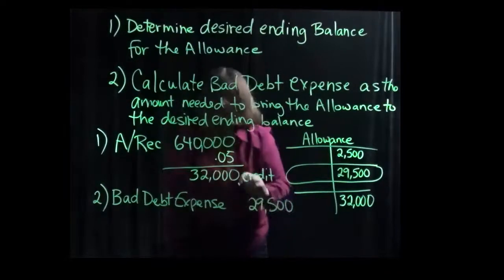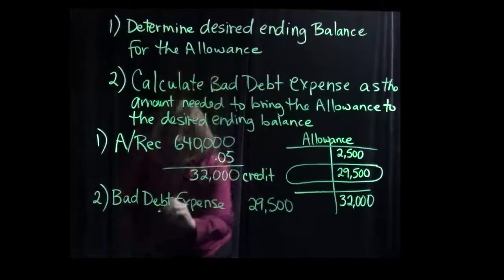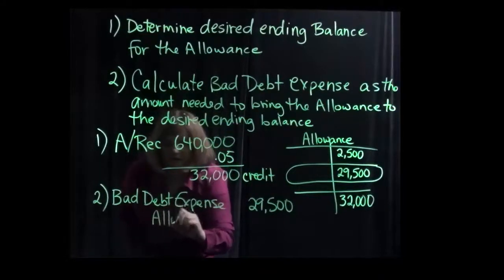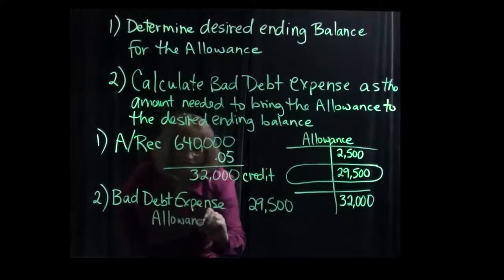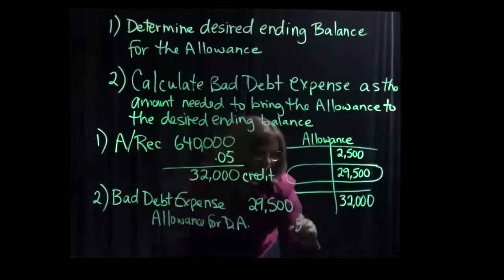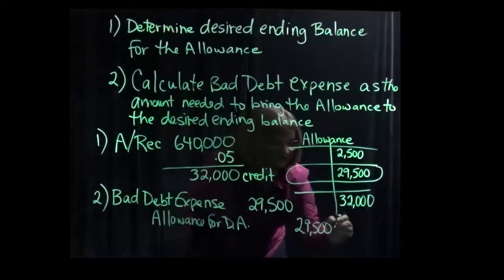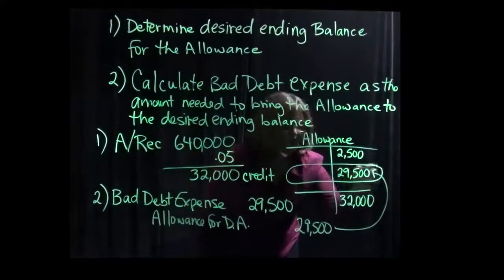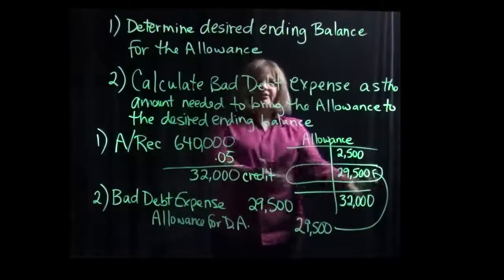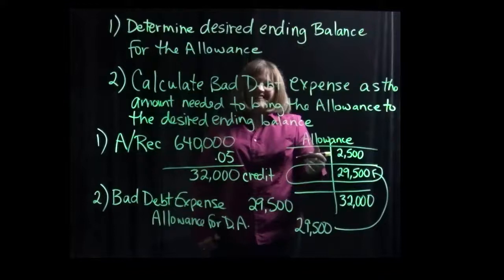And if we were putting it into a journal entry, we would debit the bad debt expense for $29,500 and we would credit the allowance for doubtful accounts for $29,500. And by making this entry, that gets into the account, giving us the desired ending balance that we think is uncollectible. Thank you for viewing this demonstration, and I hope you found it helpful.